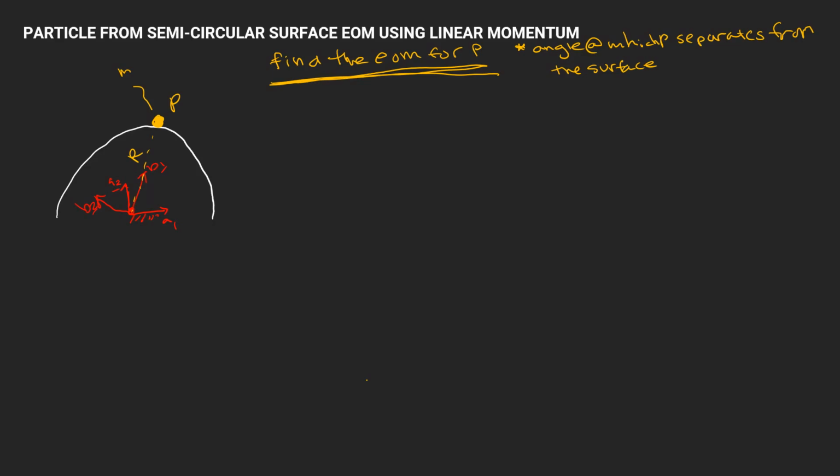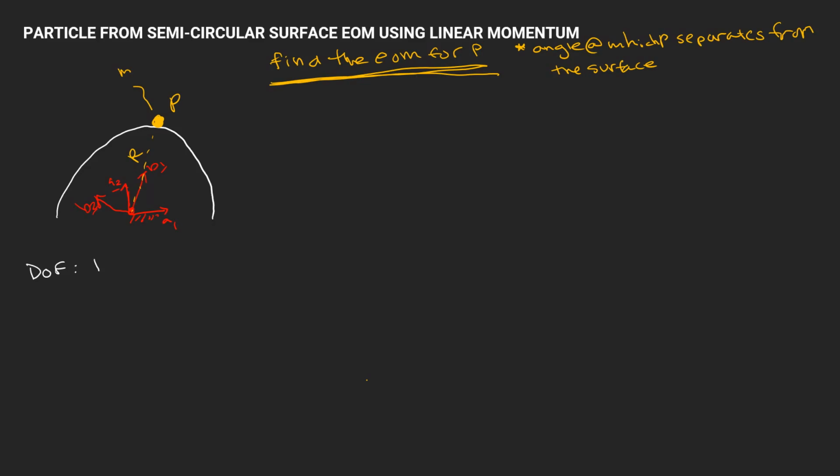The first thing I would do when I'm solving for the equations of motion is to write down the degrees of freedom of this system, because it's going to tell you how many equations of motion you need. I keep saying find the equation of motion, and that's because the degrees of freedom of the system are equal to 1.